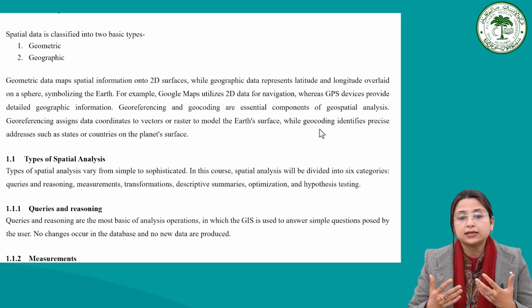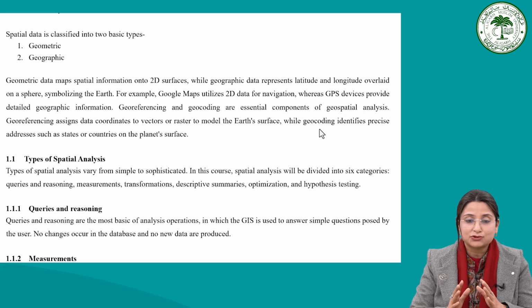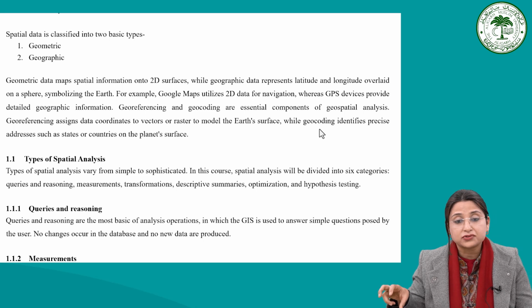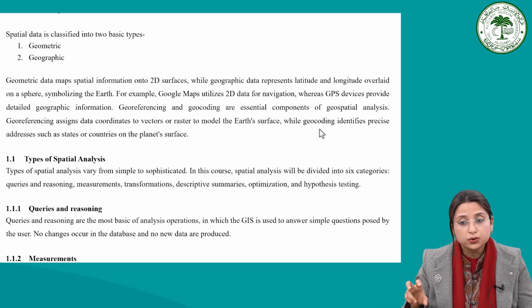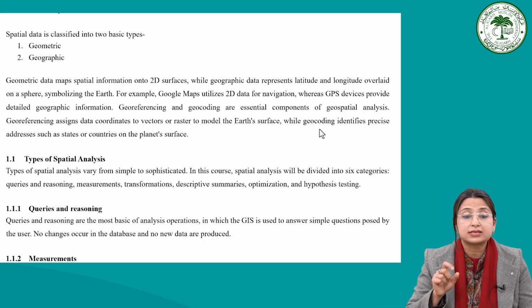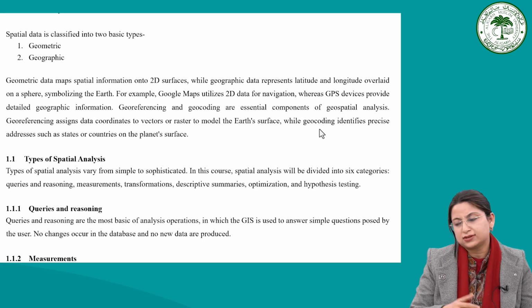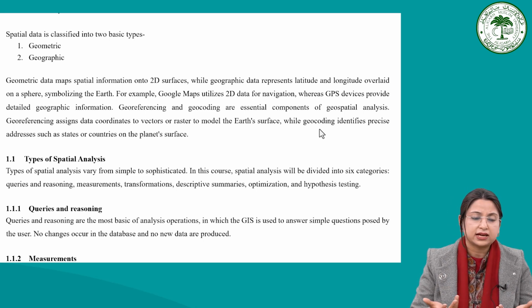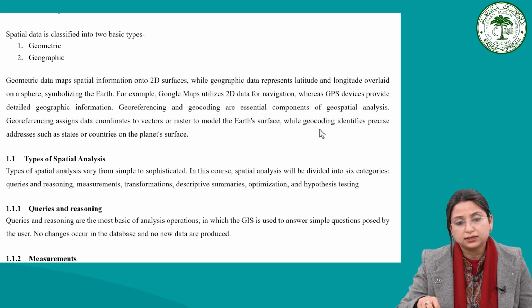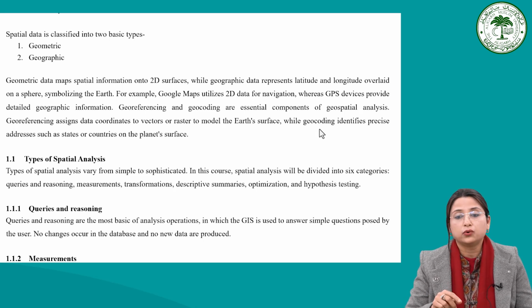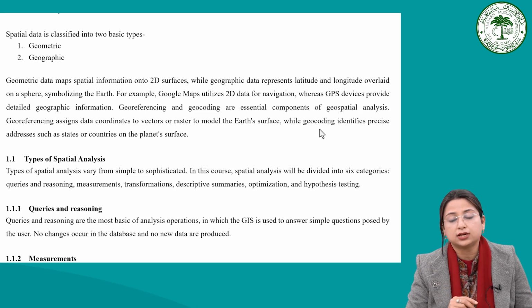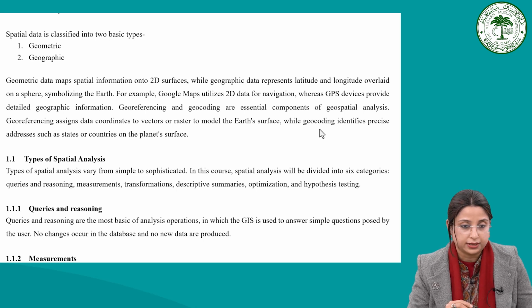Talking about countries, Australia has its precise location. Geocoding identifies precise addresses, such as a state, country, district, block, or unit, anything precise. So georeferencing and geocoding are the basic and essential components of geospatial analysis.